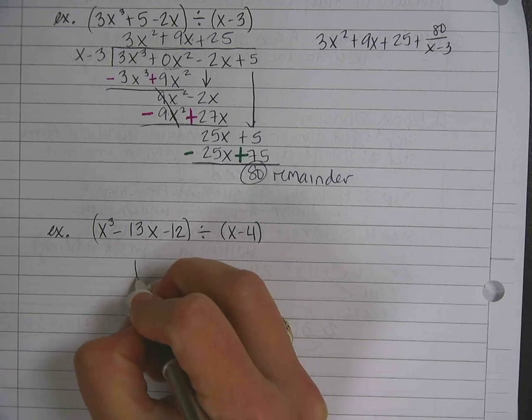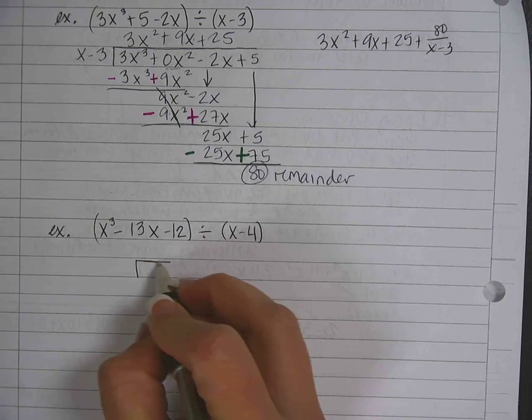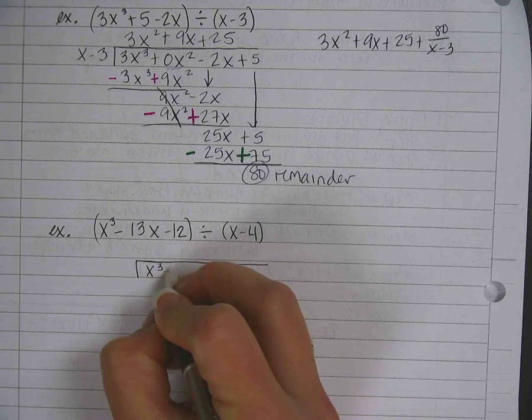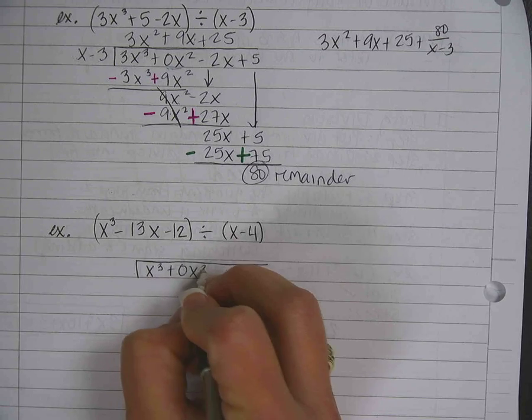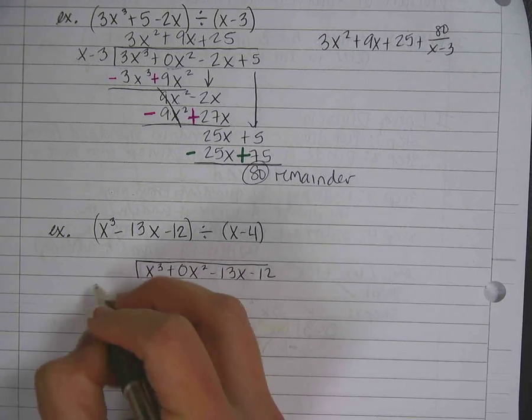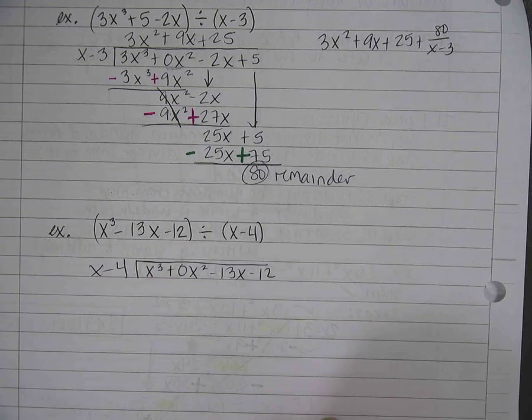So if you notice what's missing here, I do not have an x squared again. So I'm going to write x cubed plus 0x squared minus 13x minus 12. And x minus 4 goes out here.